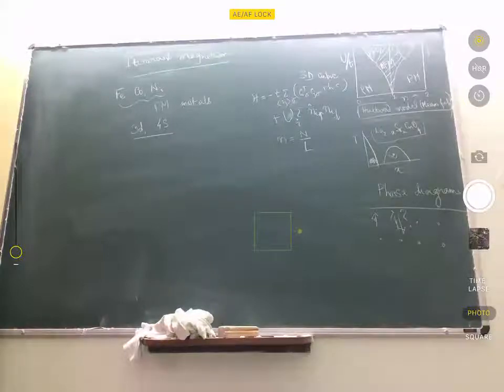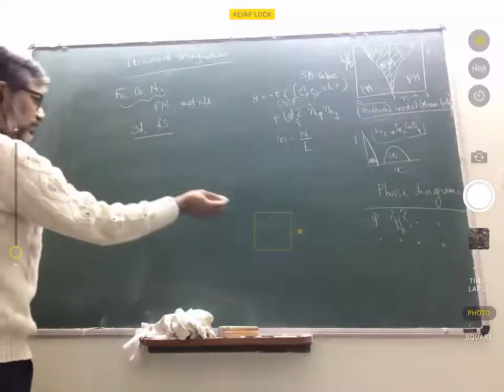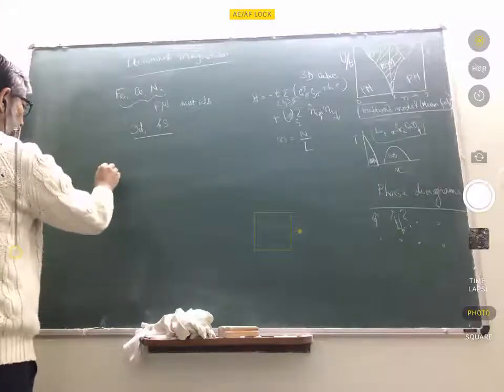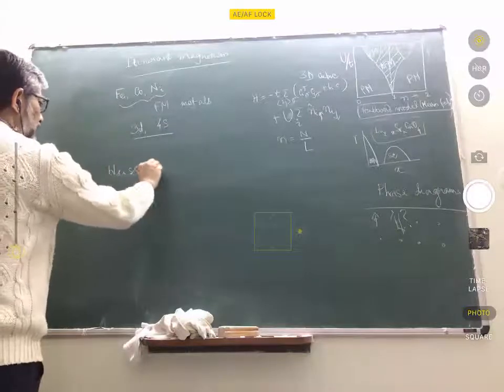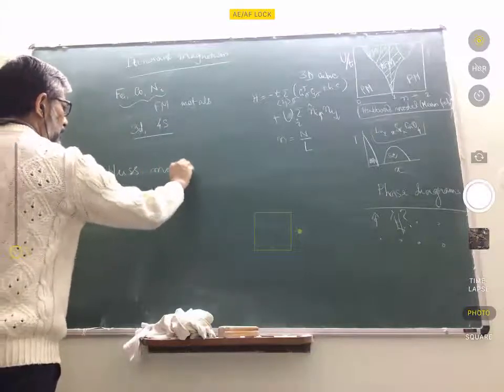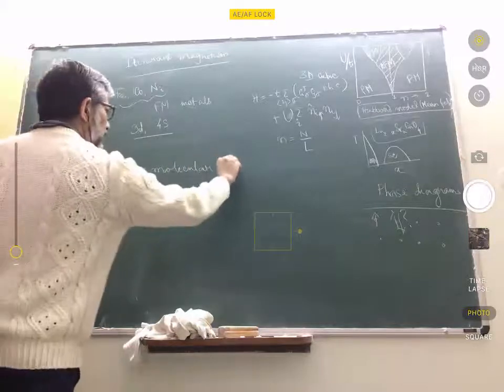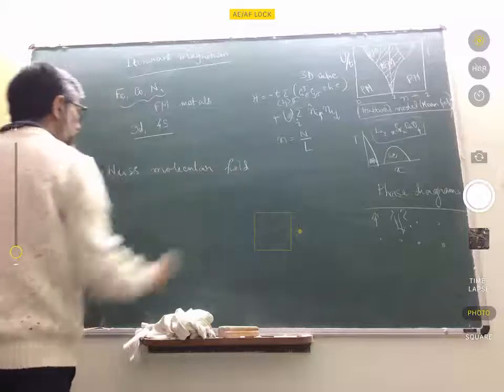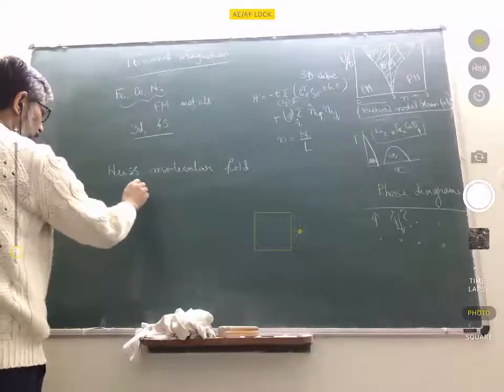Just to give you a flavor of what a mean field treatment is, one example that we discussed last time was the Weiss molecular field treatment, a very phenomenological treatment of the ferromagnetic system.